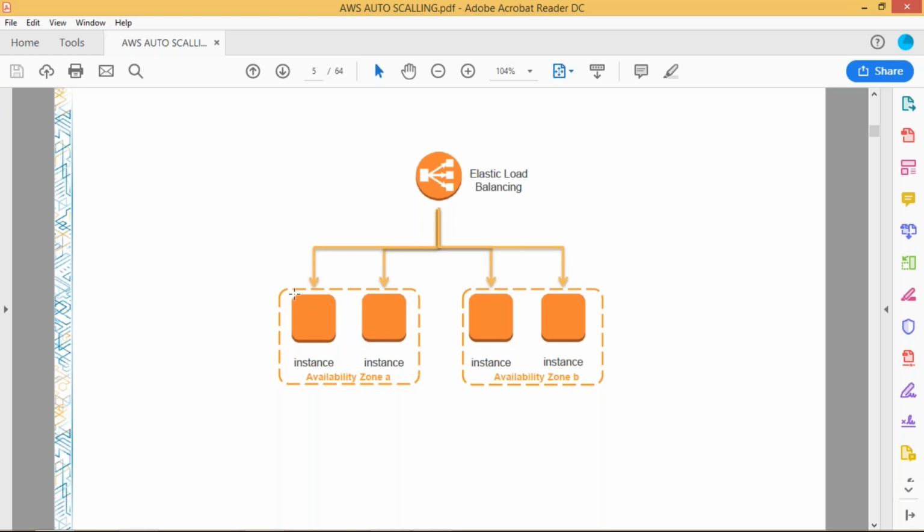If this particular instance is shut down or has any problem, then all the load goes to the other one. And if this availability zone has some problem, then the load automatically goes to the other availability zone. Perfect. That is the requirement of the elastic load balancer.